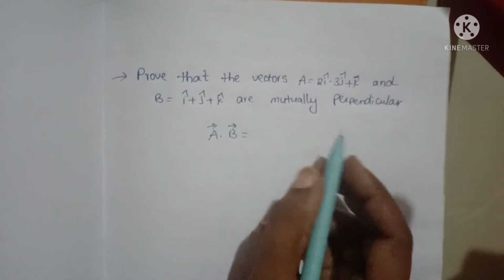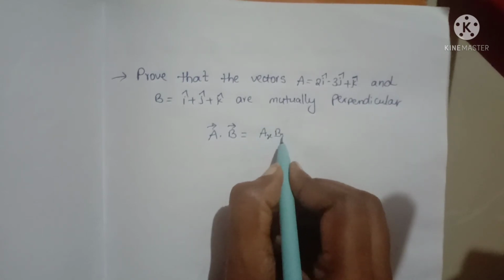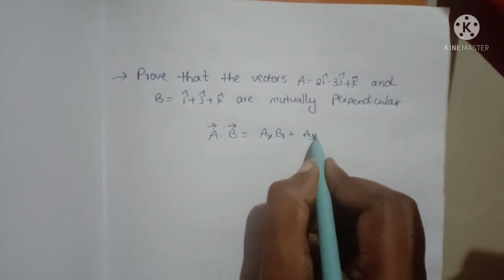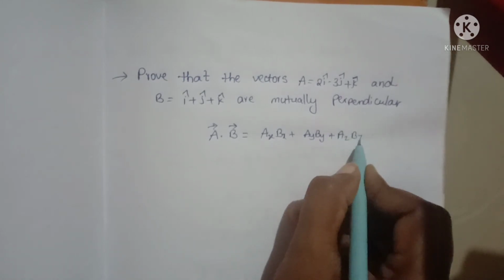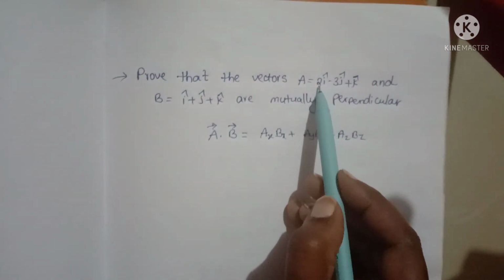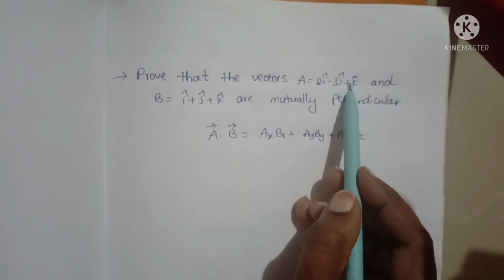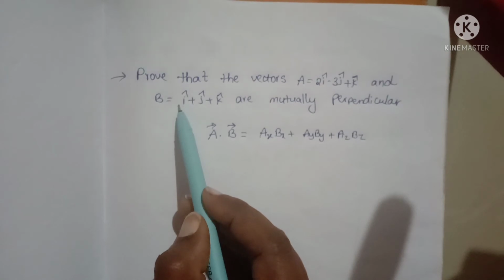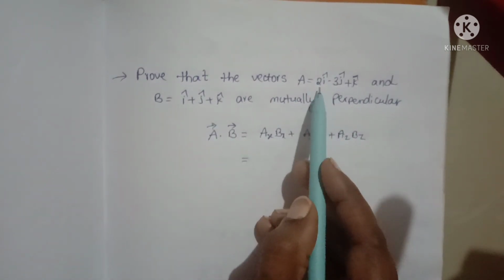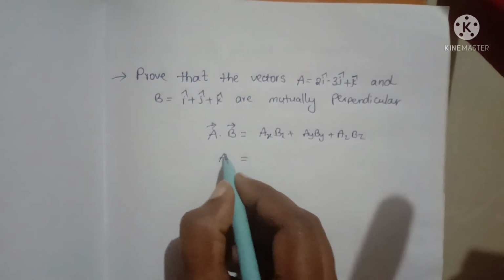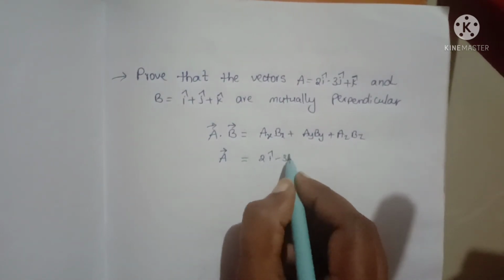We know the formula, that is AX BX plus AY BY plus AZ BZ. Here this is the AX component, AY component, AZ component, and BX, BY, BZ.